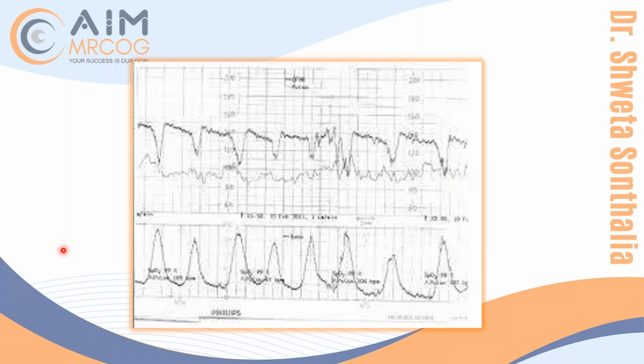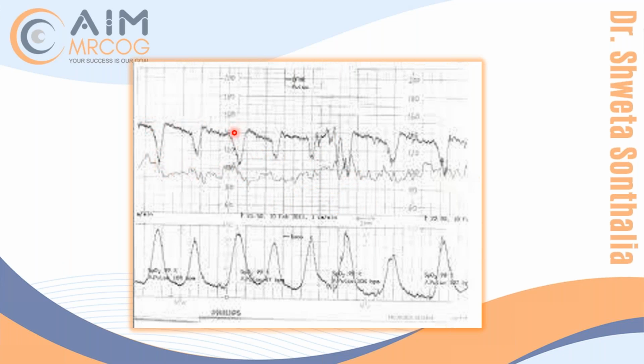It is pathological because of variable deceleration with concerning features, and what is the other wrong feature in this? Low variability. Very good. So it is a pathological trace. Whenever you see such frequent deep decelerations, some are really deep.